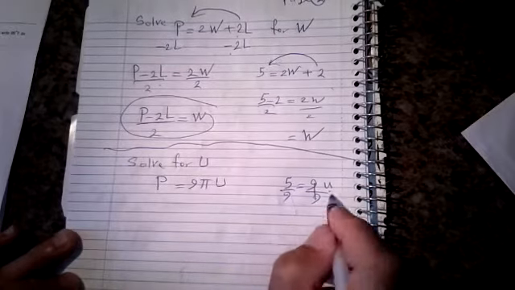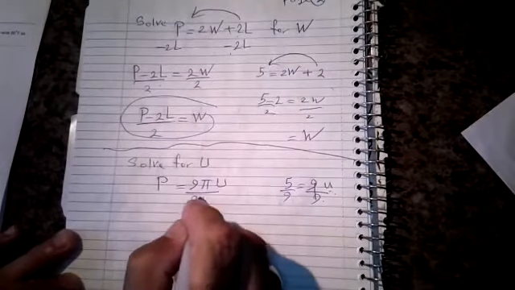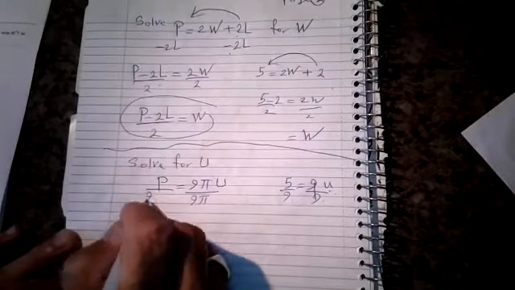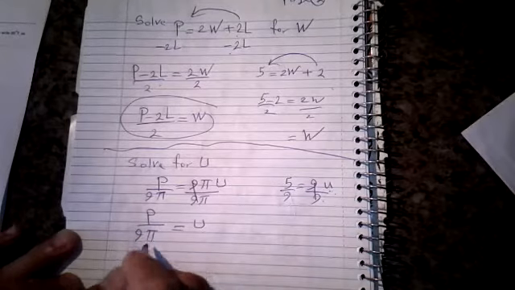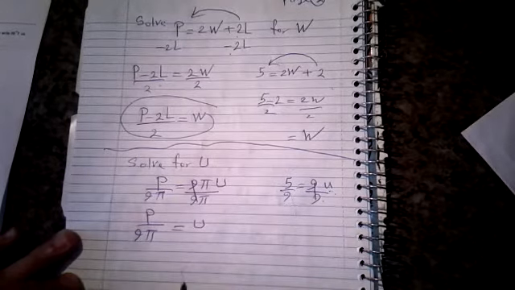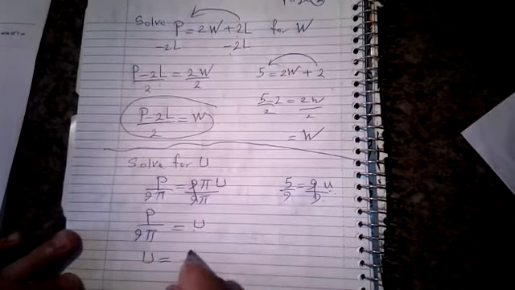When you divide it, then U is by itself, right? Same thing. You divide both sides by 9 pi. So you have U by itself equal to that. And it doesn't matter whether you put U on the right or on the left. All means the same thing.